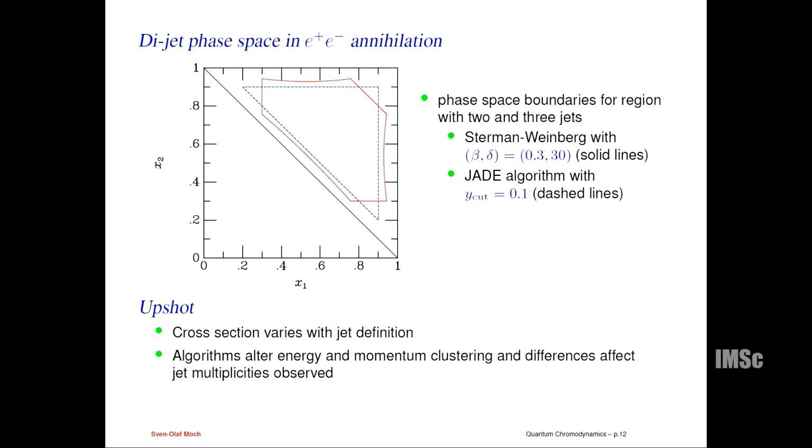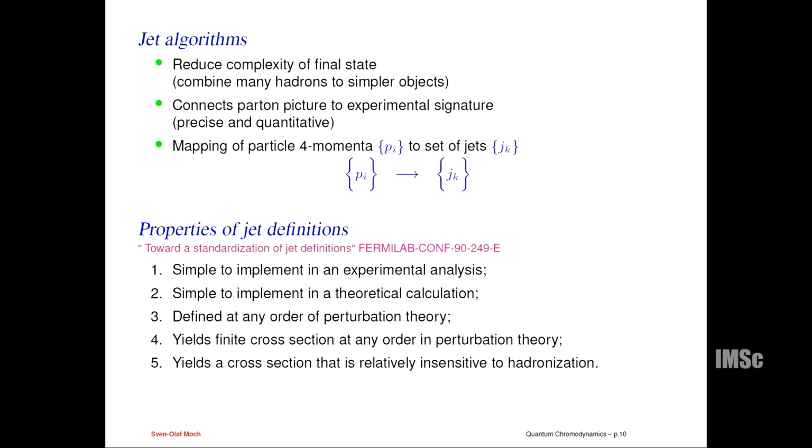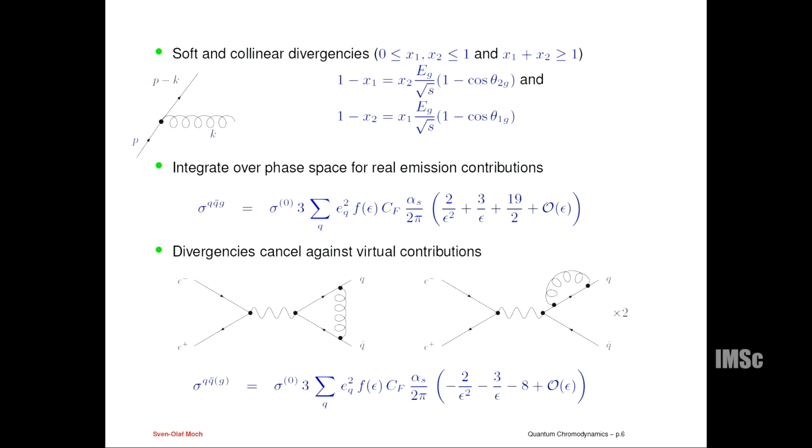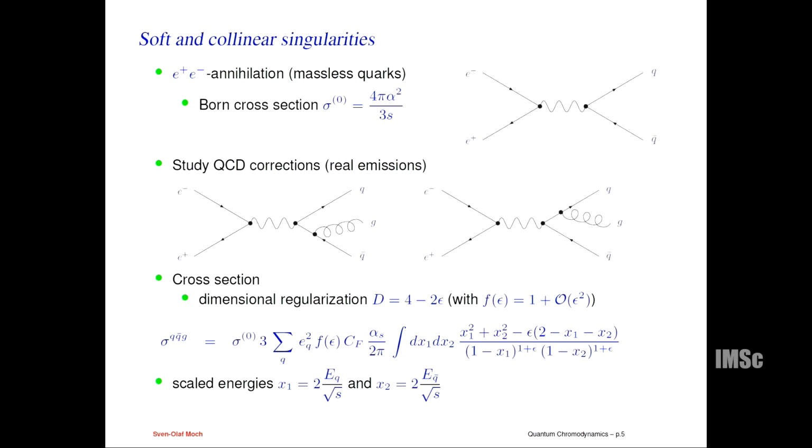First thing we can do is we can take such a jet definition, and then we can look at the phase space which is available to you. So we are basically looking back at this expression here. This is the expression that we have here for one gluon emission and 2 quark lines in terms of the scaled quark and gluon energies.